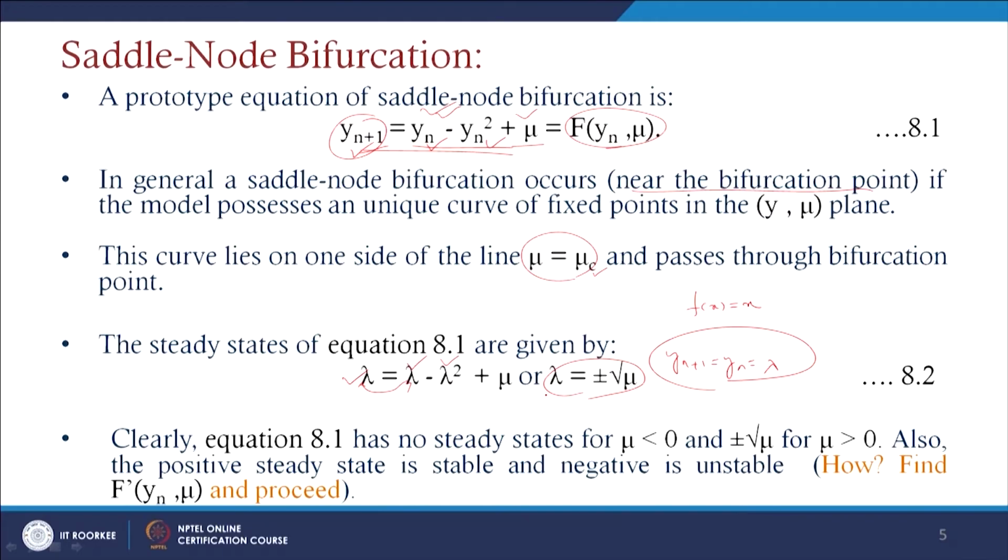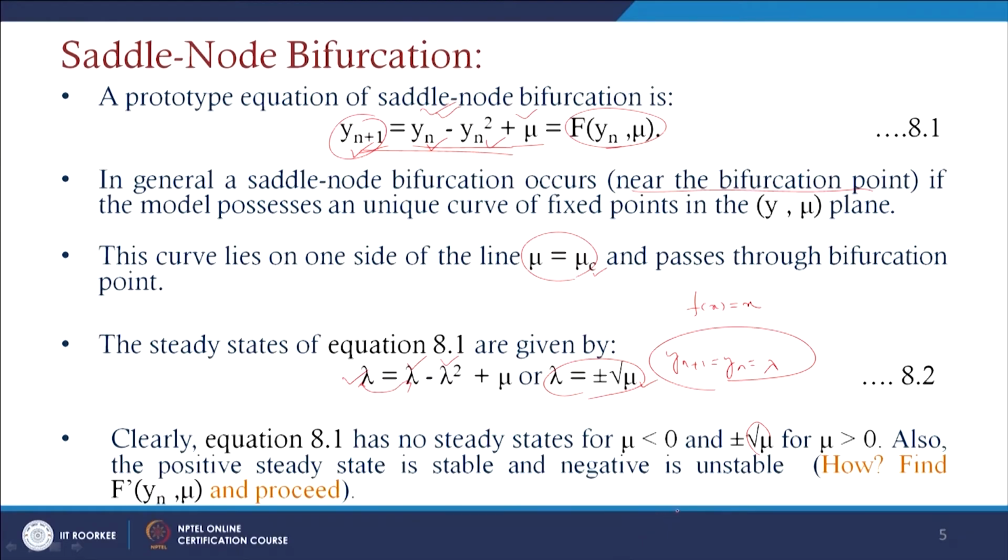Clearly this equation, represented as a prototype equation for saddle node bifurcation, has no steady states for mu less than 0, since if it is a negative number, then we cannot say that it has a steady solution. And plus or minus square root of mu for mu greater than 0, there exists a solution. Also, the positive steady state is stable and the negative is unstable.